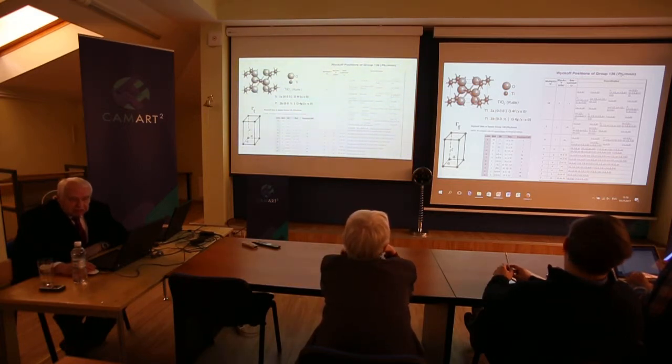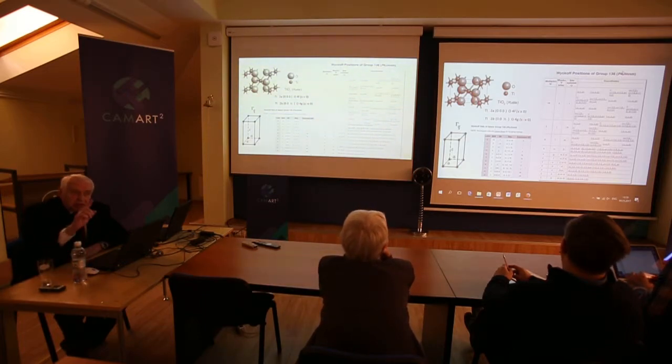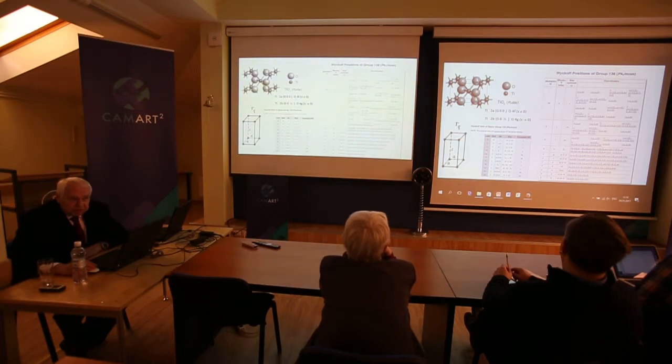That's why the fourth order axis is a screw axis, because you rotate and move along the axis. Is it clear? That's very important to understand. And therefore, what happens with this titanium? What happens when you rotate by 90 degrees? It goes to another titanium, which is equivalent by translation.